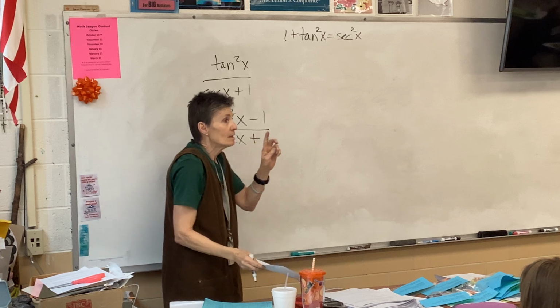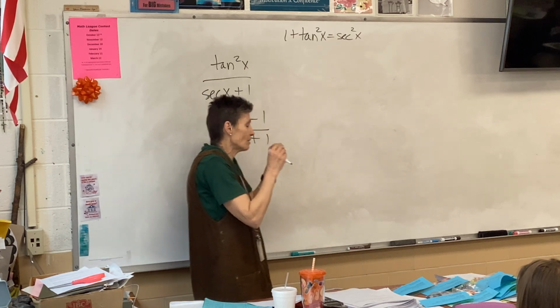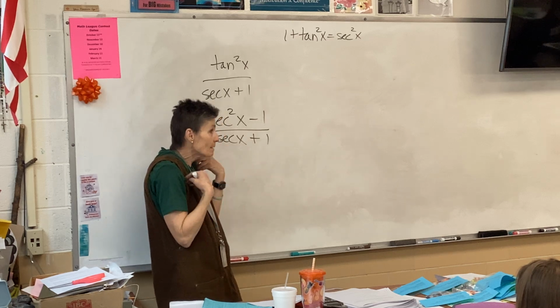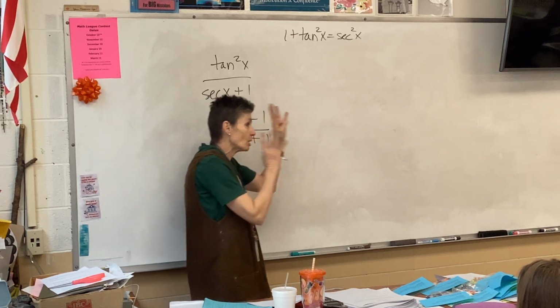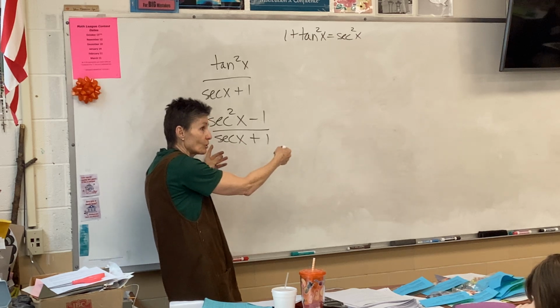And again, there is nothing wrong with going sine squared over cosine squared. I'm trying to get everything in cosines, and so I'm aiming for secants, because secants I can change to cosine.